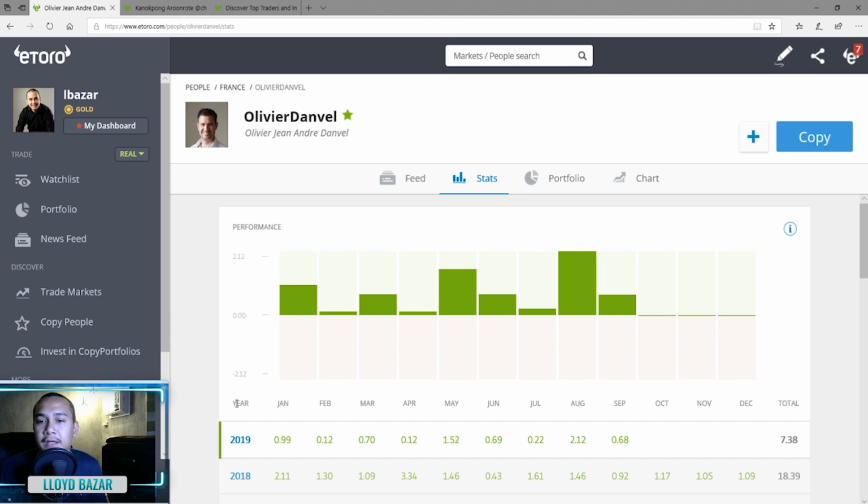For this year, there's a summary at the bottom part of the chart. It says 2019, this is for the year 2019. So January 0.99%, February 0.12%, and you're going to see it up here. March 0.70, and it reflects here. April, which is 0.12, May 1.52%, and the total right here. So his total gains running for this year is 7.38% on his portfolio.